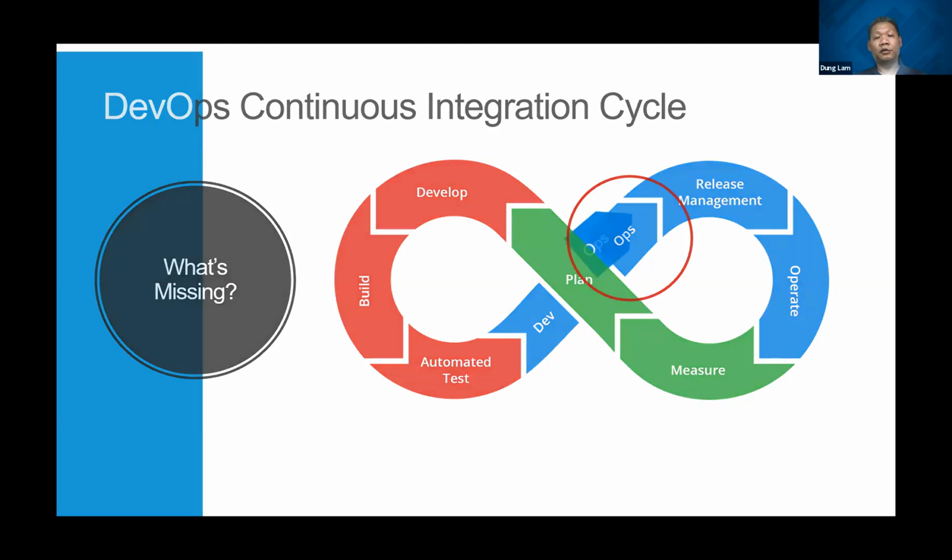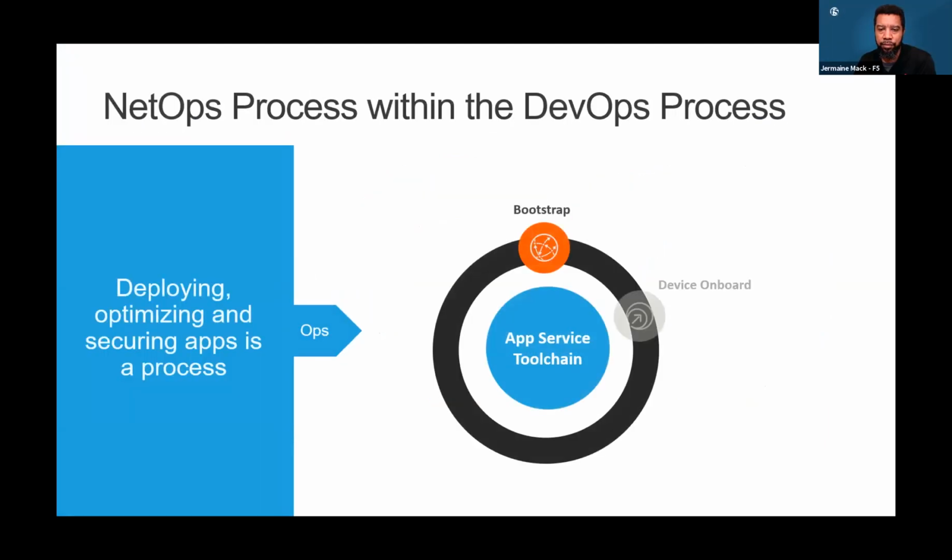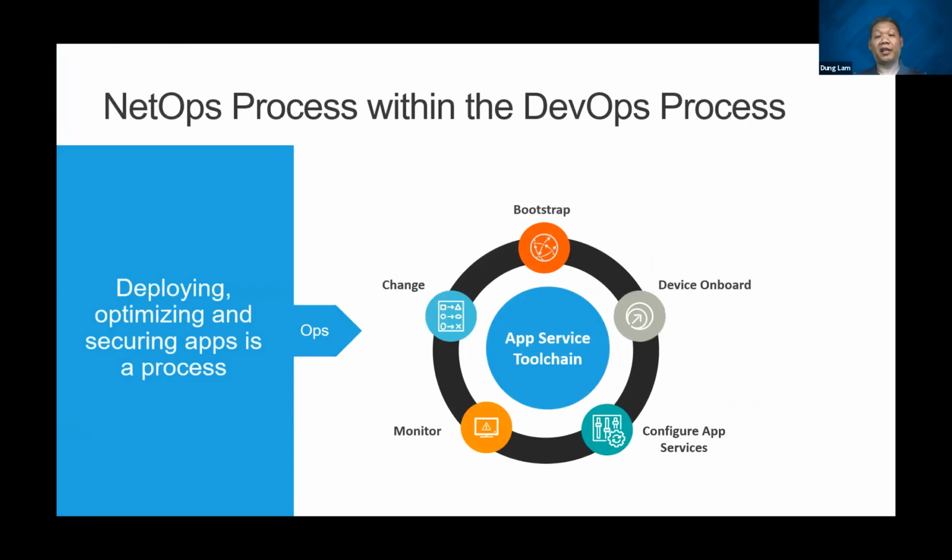So we look a little bit more closely at the life cycle of a typical network appliance, right? We're talking about a physical device. You get an appliance and unbox it, plug in a power supply, plug in the network cable and console cable, whatever, and then you turn it on, right?